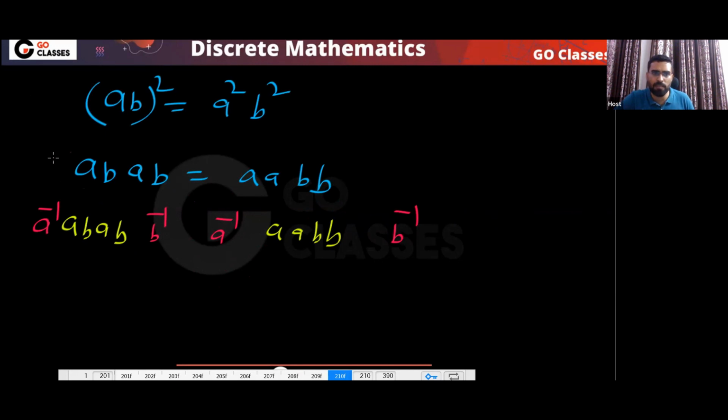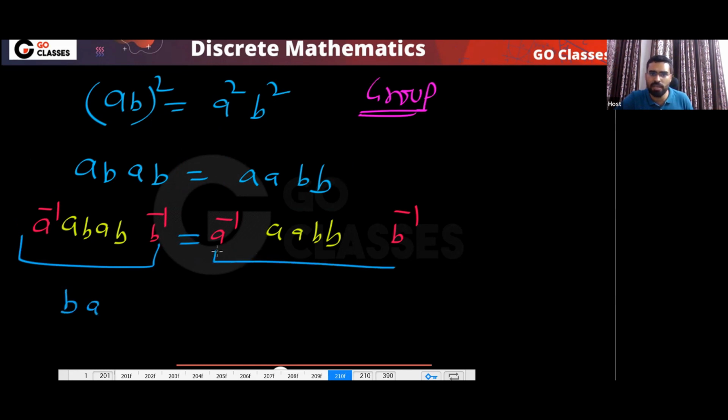This is what you can do because it is a group. Finally, this whole thing will become BA, and this whole thing will become AB. So BA equal to AB.